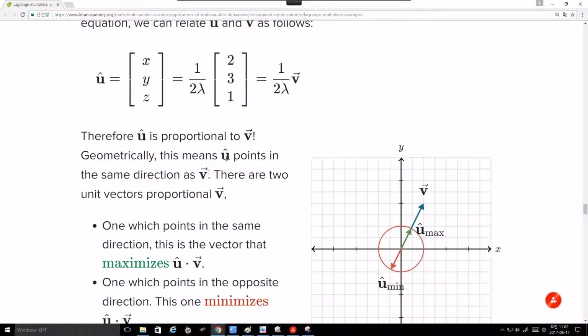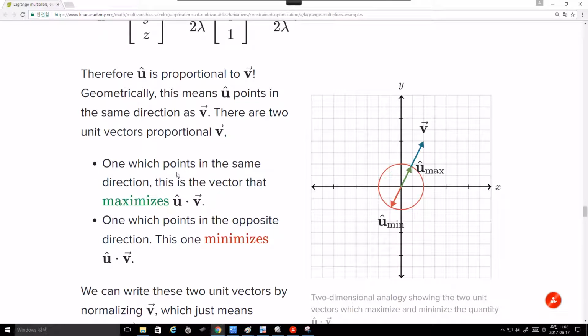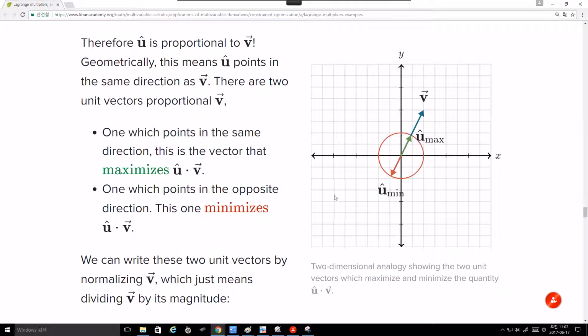Geometrically, this means u points in the same direction as v. There are two unit vectors proportional to v, either this one or this one. One points in the same direction; this is the vector that maximizes this, so max. One points in the opposite direction; this one minimizes this.